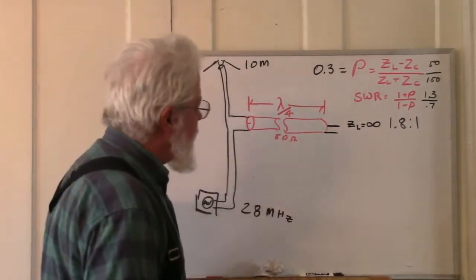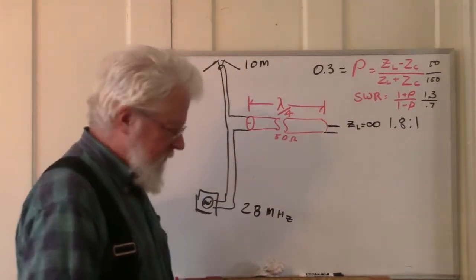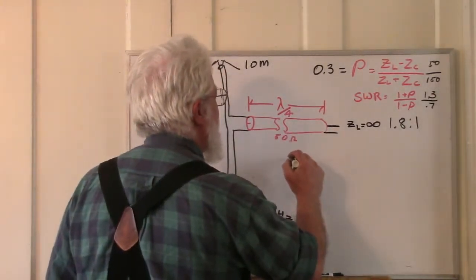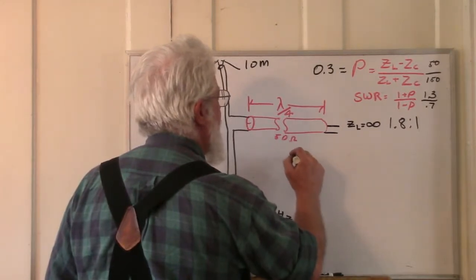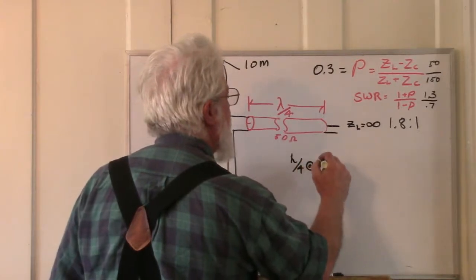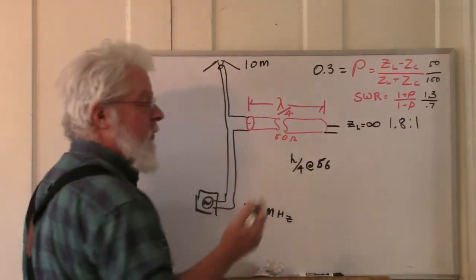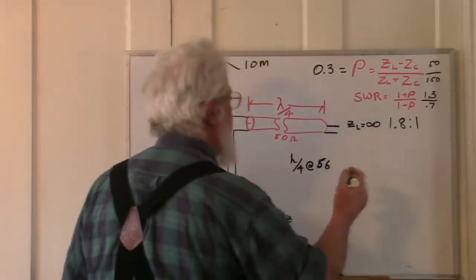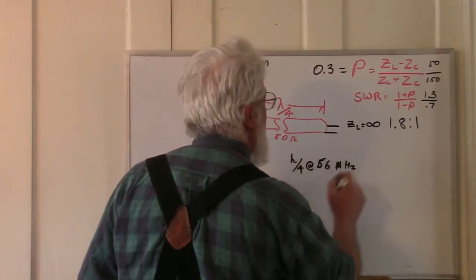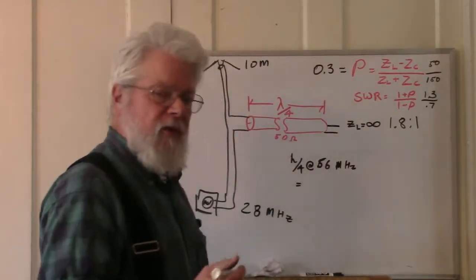So you go into your shack and you cut a line, you do your calculations that a quarter wave at 56, it should be doing 54 actually, but we'll say 56 megahertz, equals, well, you know, a half wave is going to be 492.